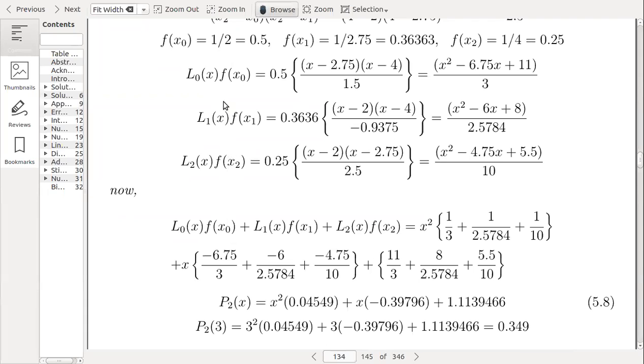To achieve accuracy, we must increase the degree of the polynomial or the data points. It's the same: if we increase the data points, we increase the degree of the polynomial, and if we increase the degree, automatically we increase the data points.